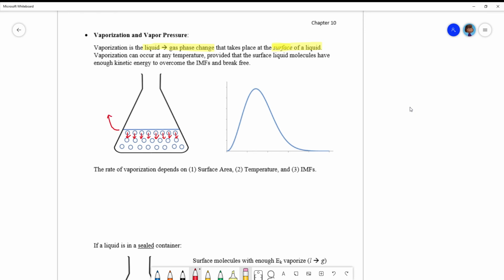So let's write something about that over here. I'm going to say that IMFs attract surface molecules. Another way to say that is pull surface molecules. They're attracting the surface molecules towards the interior molecules.